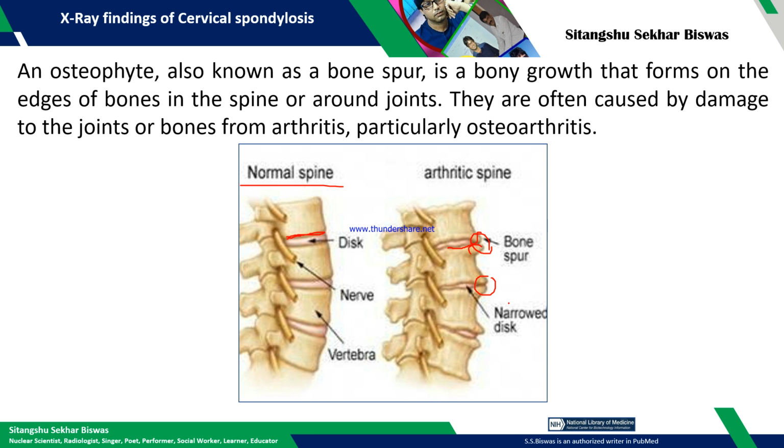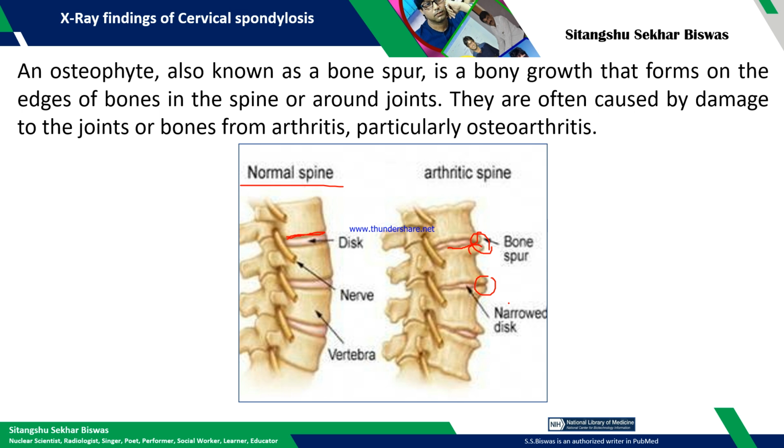So from the X-ray we will try to find out. These 3 points we will summarize very grossly. We'll take the X-ray and we will see whether the normal cervical curvature of the vertebra, which is called the cervical lordosis, is maintained or not. Second, whether the disc gap is maintained properly or not. And whether there are some osteophytes or not.